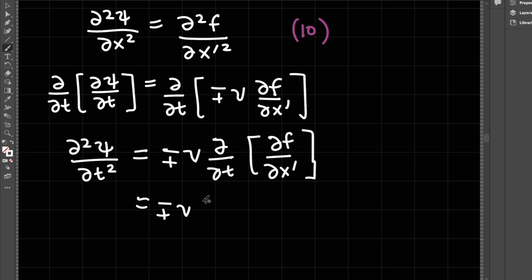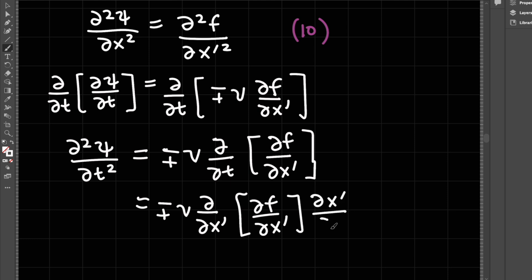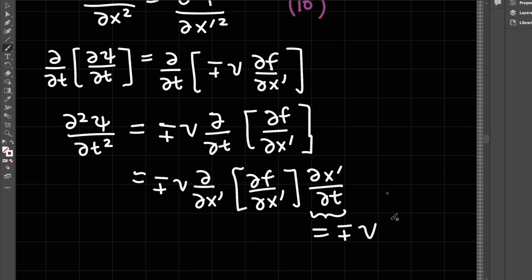So we have partial of x prime applied to partial of f over partial of x prime times partial of x prime over partial of t. Again, this is equal to negative positive v based on equation 3.